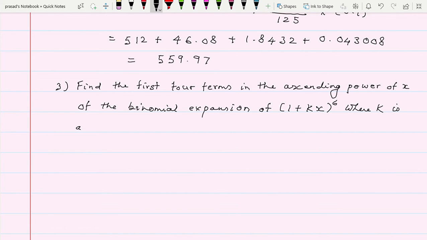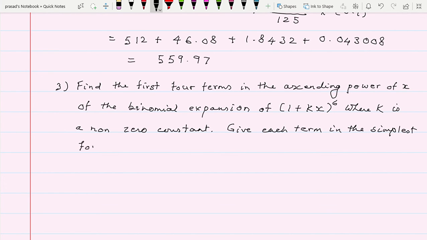That means it is not 0. Give each term in the simplest form.